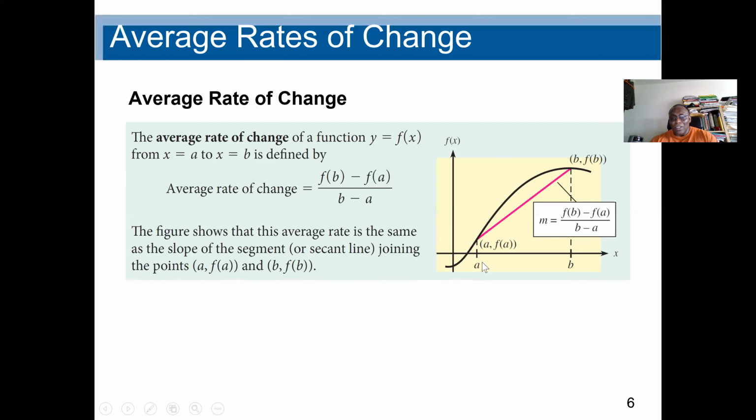Again, in this graph we see the interval from a to b. So it will be the function at b minus the function at a divided by the difference of the interval, b minus a. And this is what we term the average rate of change of a nonlinear function.